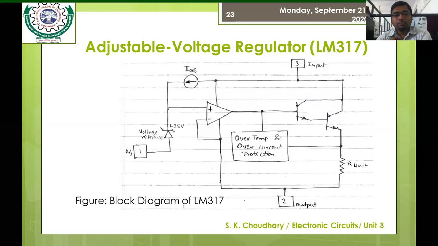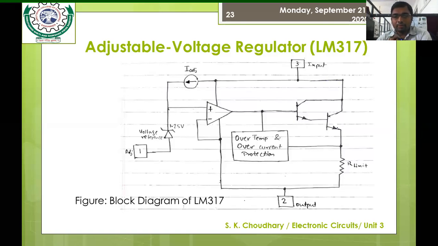There are two adjustable voltage regulators that we have to learn as per our syllabus. First one is the positive adjustable voltage regulator, that is LM317, and second one is the negative adjustable voltage regulator, that is LM337.